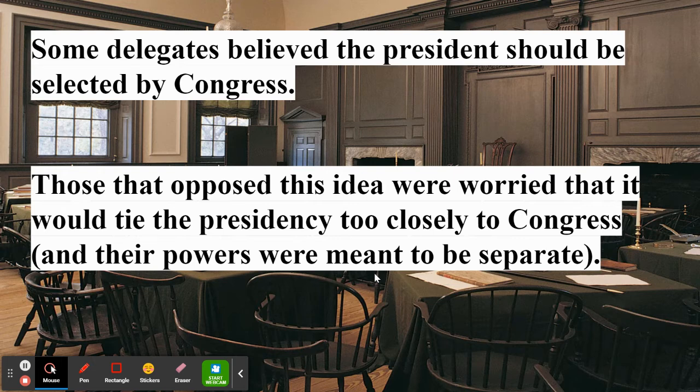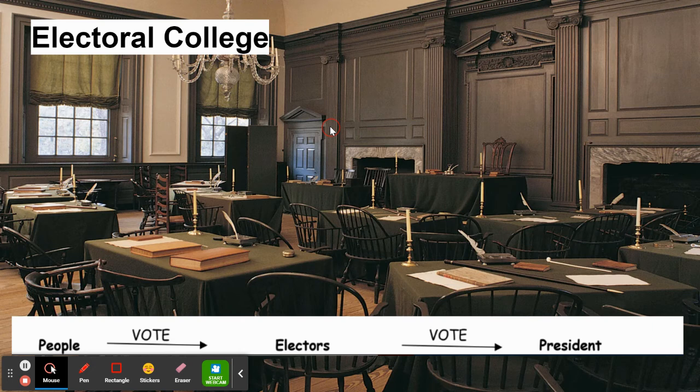Okay, so again, some delegates believed in popular vote, let the citizens decide. Some delegates supported this idea that Congress should select the president. And so a compromise needed to take place. And so they developed the Electoral College.